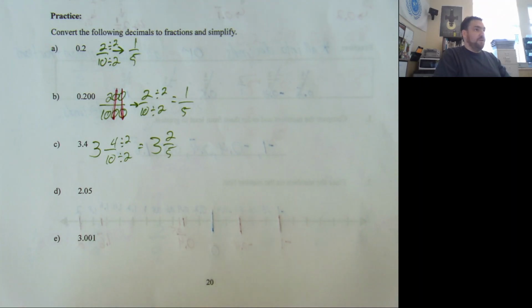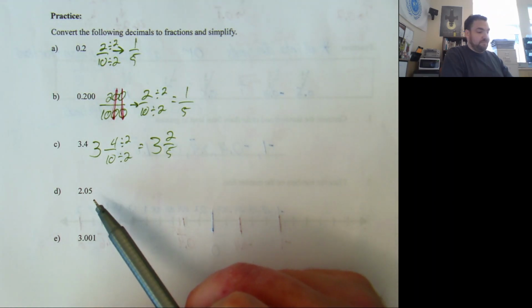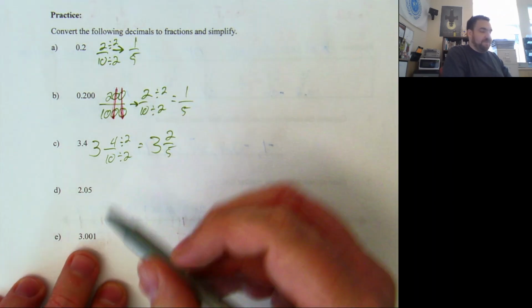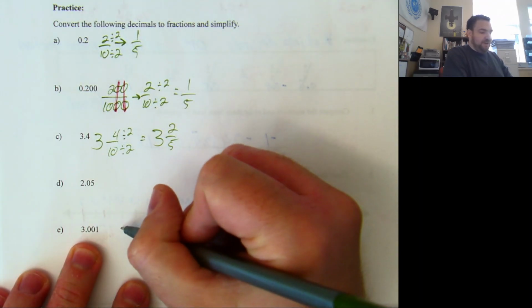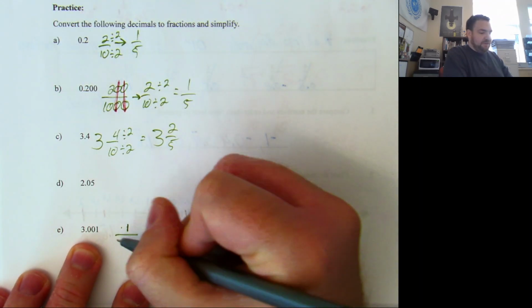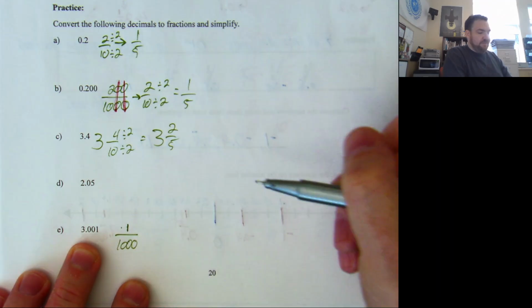Who wants to be brave? Sure, Gershon. Oh, you're doing E. Sure, let's jump to do E. The 1 is in the thousandths, so it's going to be 1 over 1,000.